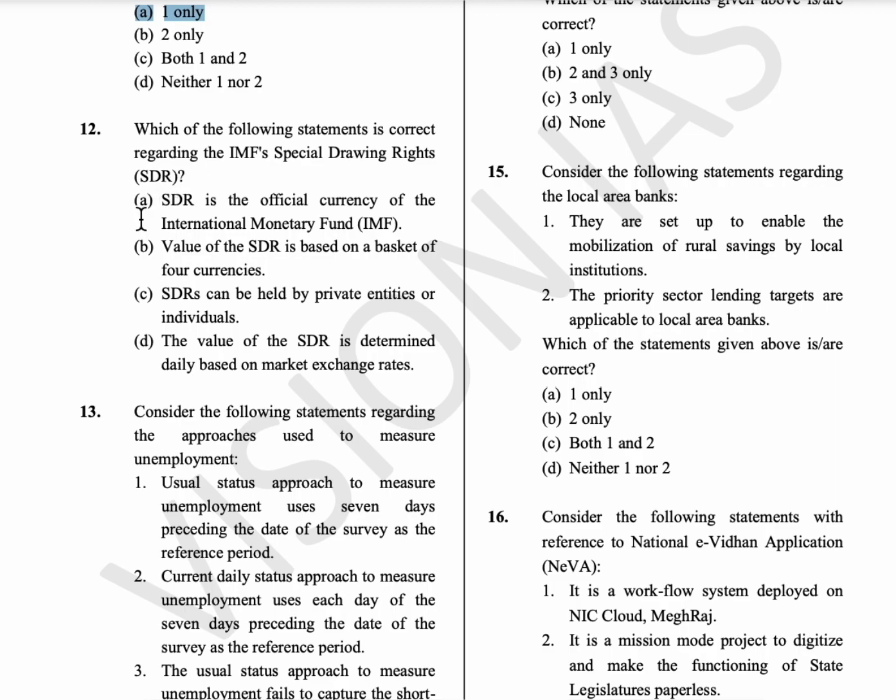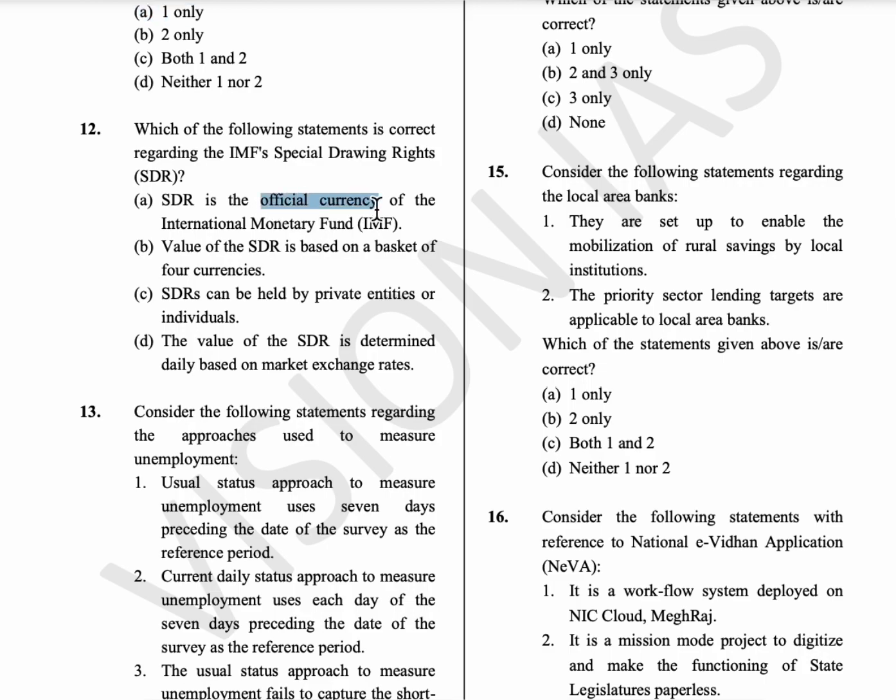So first option is, SDR is the official currency of the International Monetary Fund. So here SDR has 5 currencies. Those 5 currencies are US dollar, euro, Chinese renminbi, Japanese yen and British pound sterling. So it doesn't have any official currency.